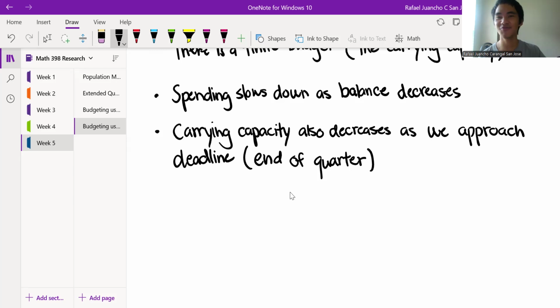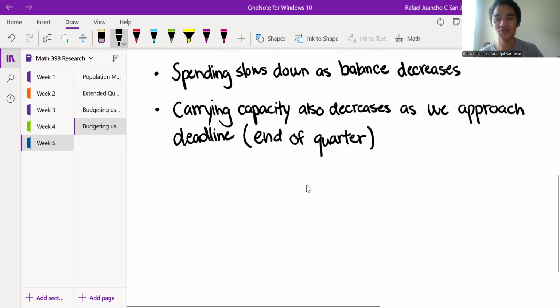I don't know where in the world that money is going. Probably someone's going to spend it somewhere. I'm not super sure. But the idea is I have to spend all of it before the quarter ends. So the carrying capacity will decrease as it approaches the deadline, and we should have less money remaining each day.